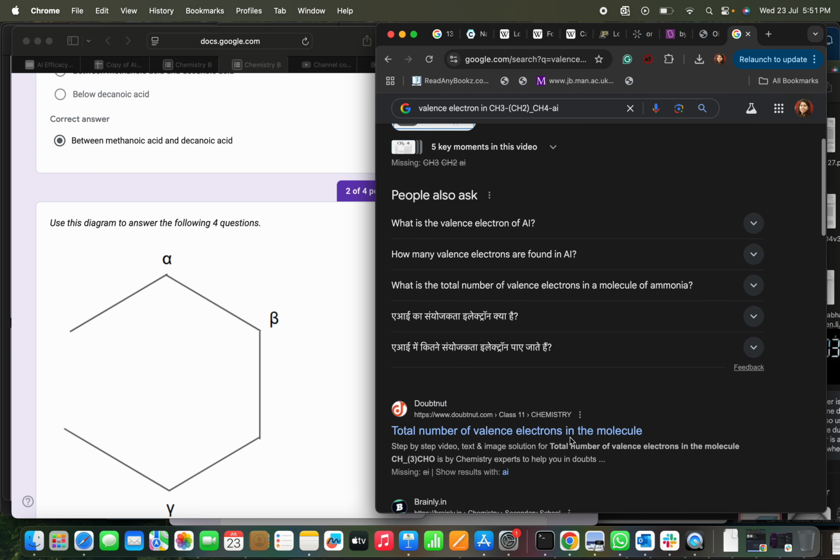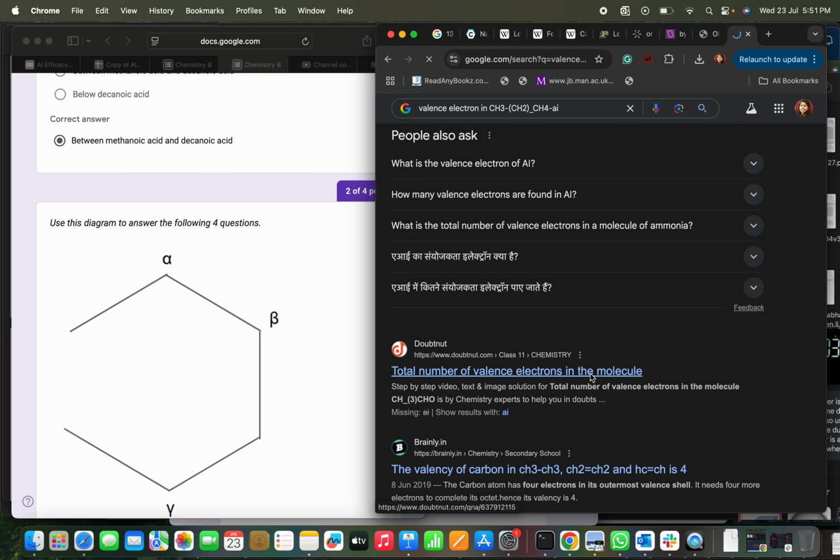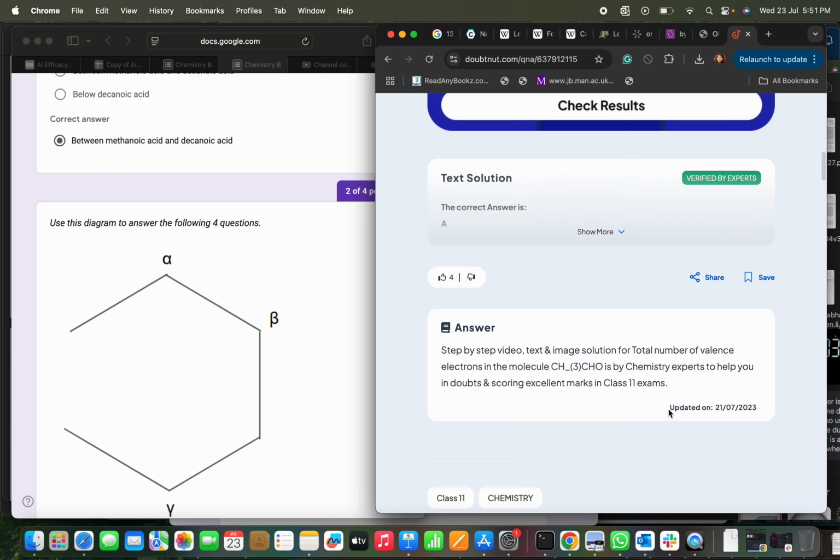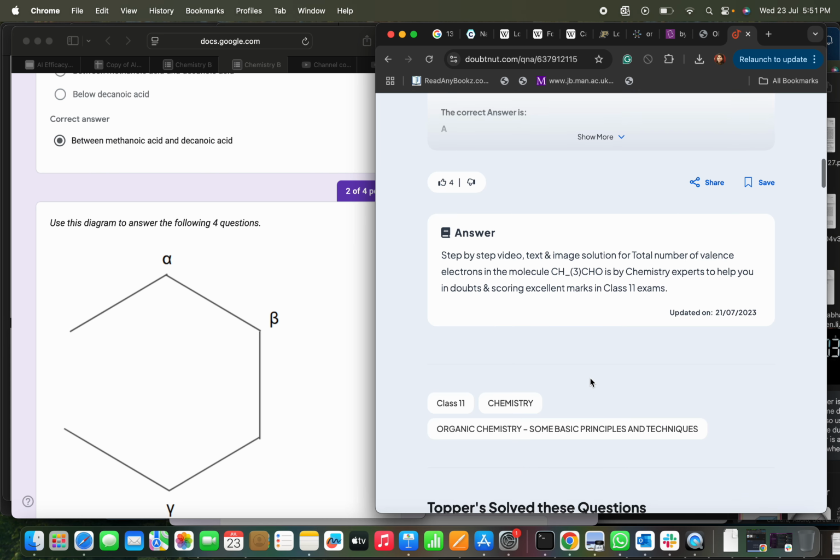What is the total number of valence electrons in the molecule CH3 CH? Oh, alright. They don't have. Supposed to help you.